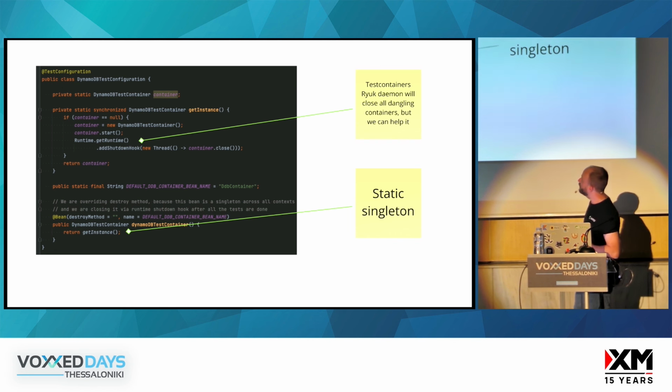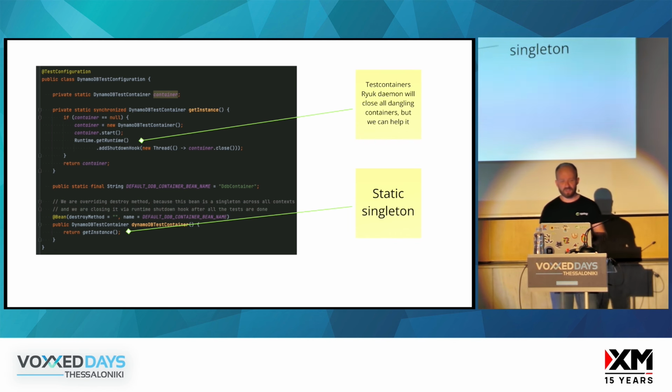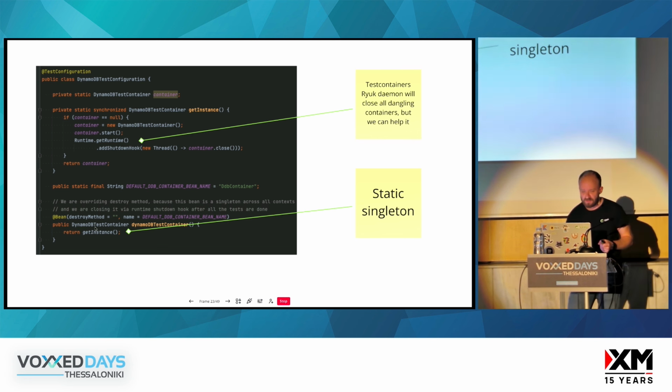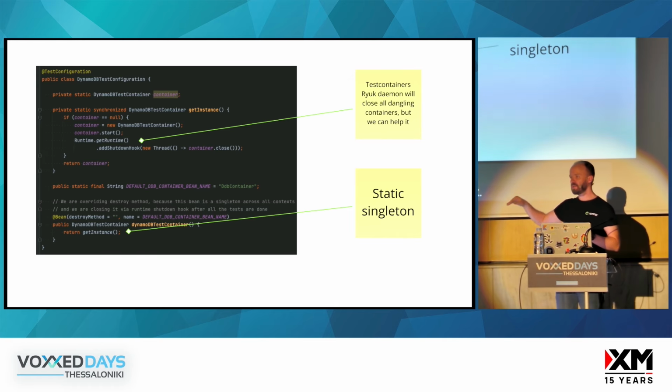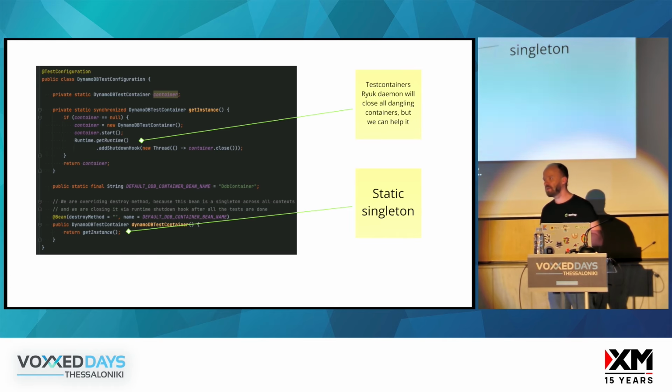It's easy to implement this. This is just an example of Spring configuration that does it. I'd like to just focus attention on two things. First, you need to override the destroy method, because by default, when the Spring context is closing, it will also shut down all beans, including Testcontainers-managed Docker containers.